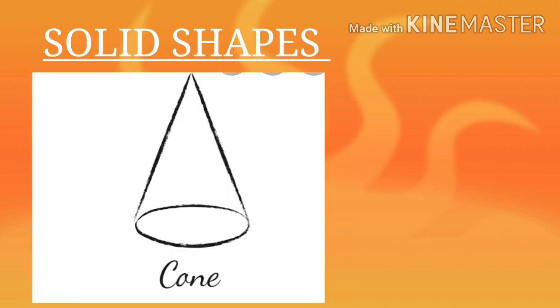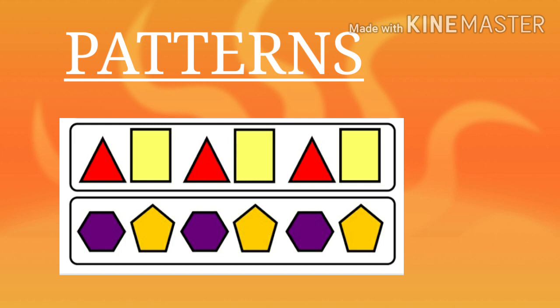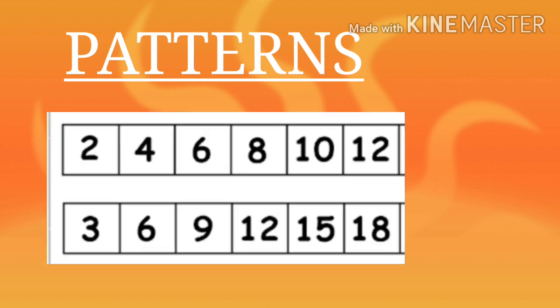And cone, which has 1 flat face and 1 curved face. Then we learned about patterns. Repeating shapes make patterns. So this is the shape pattern and this is the number pattern.